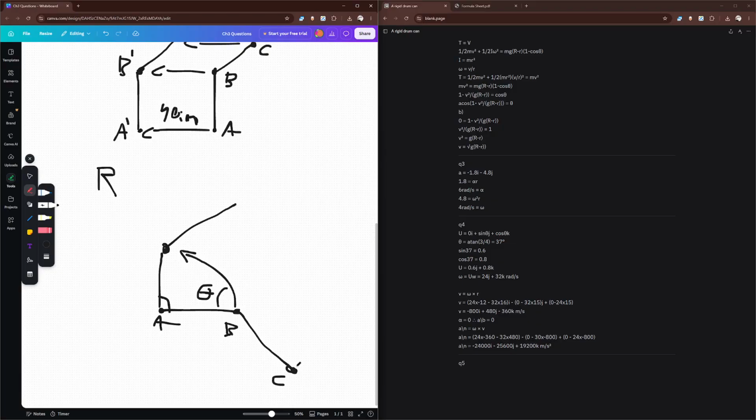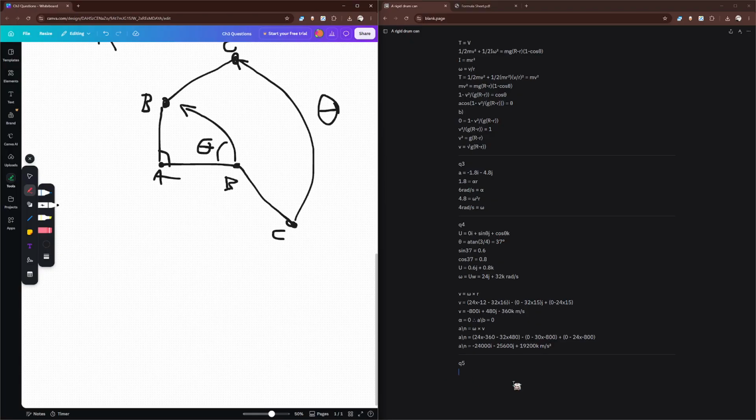And then C, like so, also goes some angle theta. Basically, you can say that the rotation is occurring around B. This is A, B, and C in their new locations.